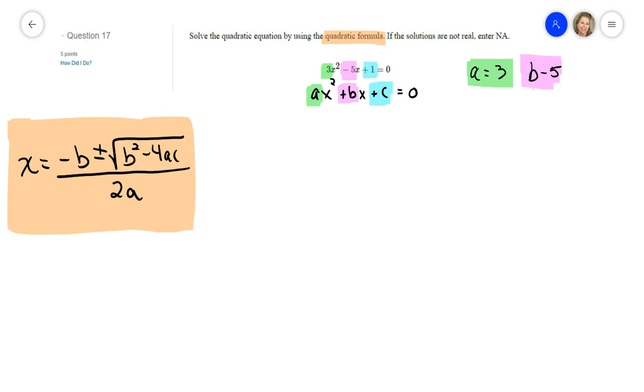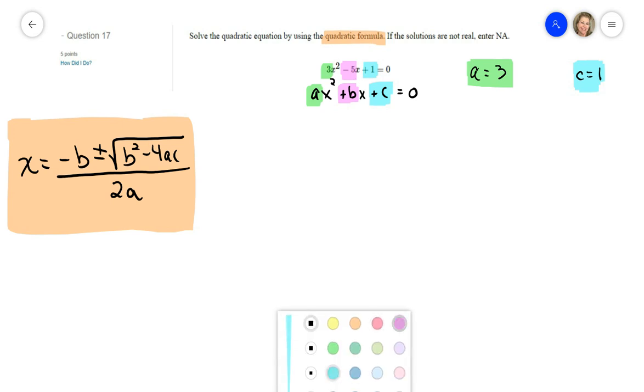Now, had that been a minus 1, I would have said c is a negative 1. Okay, c is equal to 1. And on this one, b equals negative 5.